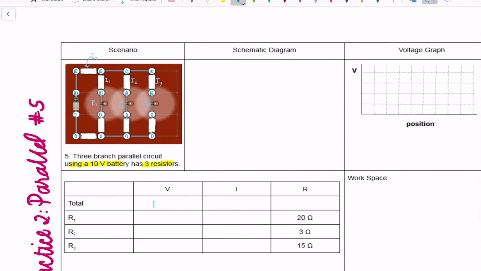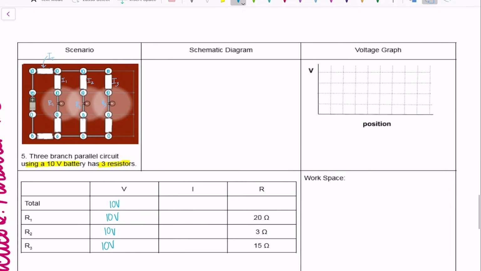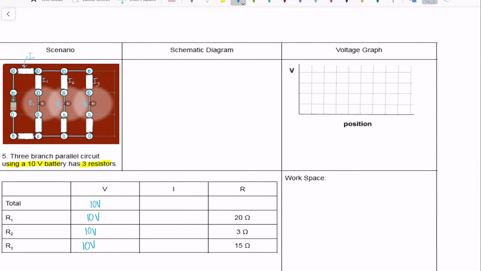Let's go ahead and fill this out. We have 10 volts, and it's 10 volts all the way down. Now we can figure out what the current is for each of the branches.